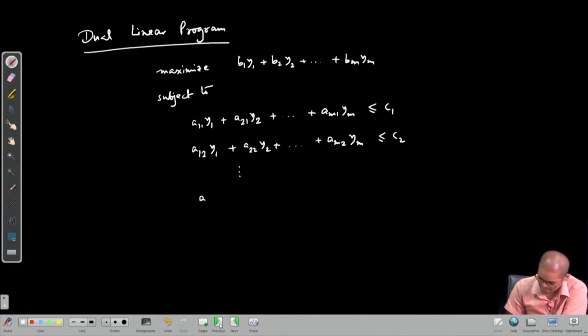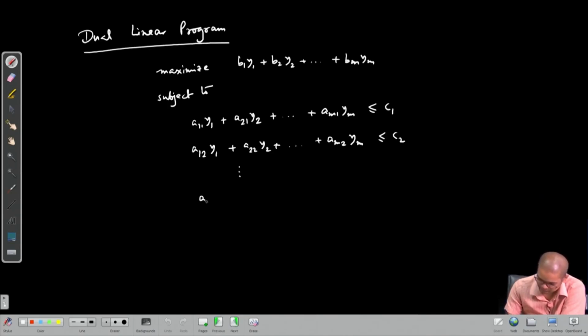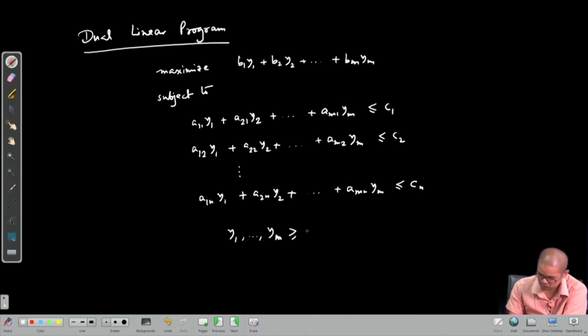The last one is a1n y1 plus a2n y2 plus dot dot dot amn ym is less than or equal to cn, and of course y1 to ym are greater than or equal to 0.